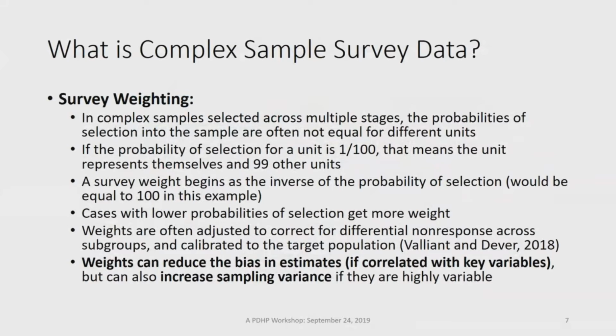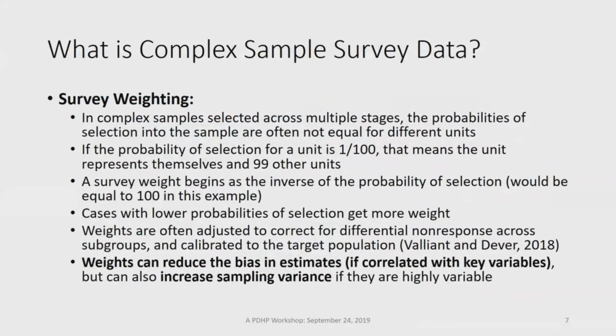So in these complex samples that are often selected across multiple stages, the probabilities of selection into the sample are generally not going to be the same for different units. Sampling statisticians try as hard as they can to maintain equal probabilities of selection as deep into a multi-stage design as possible. Okay? So if we don't have to worry about weights, that's a better situation.